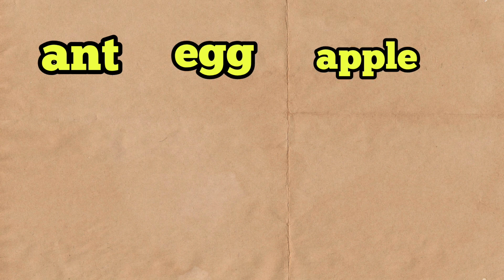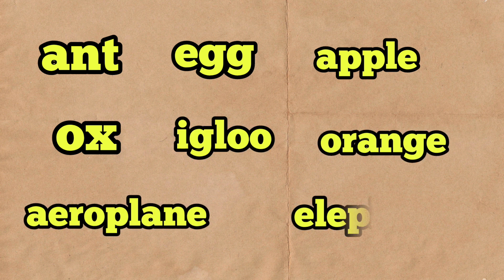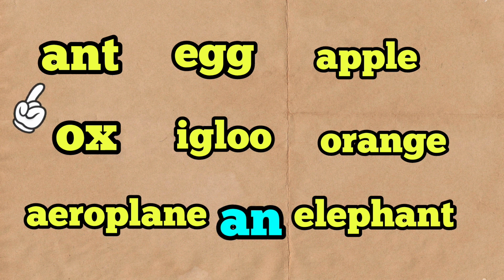Ant, egg, apple, ox, igloo, orange, aeroplane, elephant. All these words start with a vowel. So we are using an.